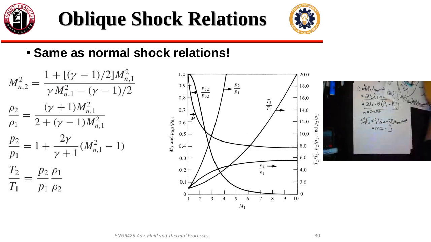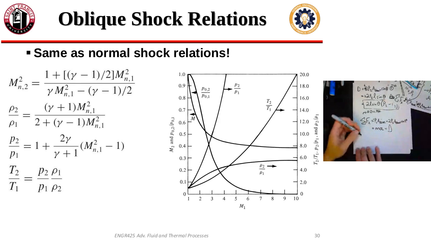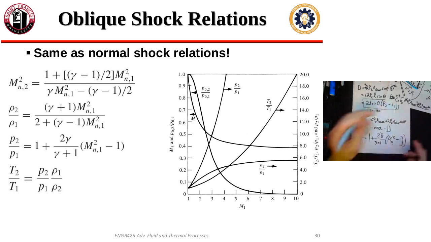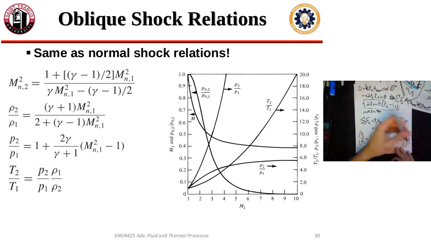So if I solve that for P2, I'm just multiplying everything by P1, really. And that gets me what?